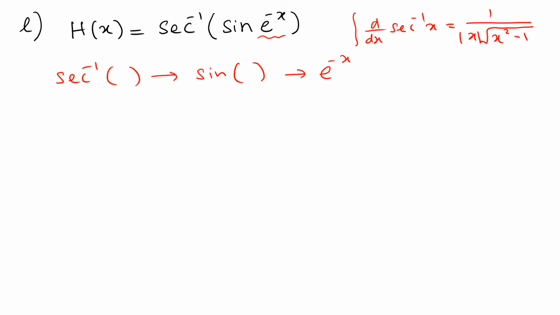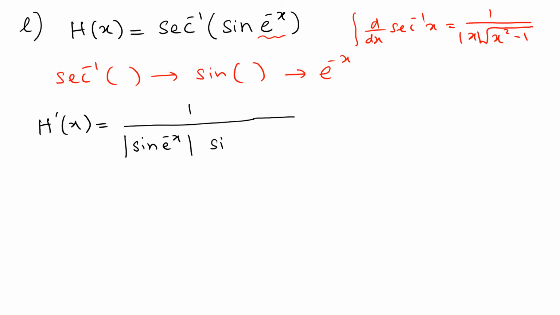The first one is the inverse function, secant inverse. So according to the formula, it should be 1 over, you can see we take the absolute value, so it is absolute value of sine e to the negative x, and then times the square root of sine squared e to the negative x, minus 1.